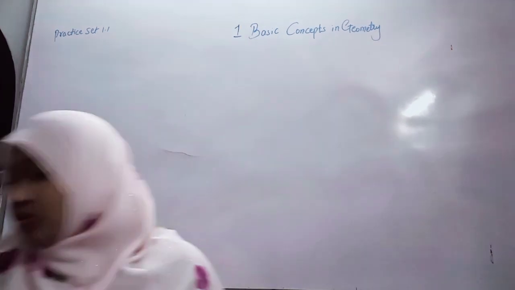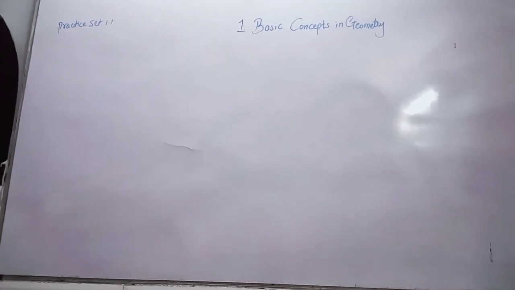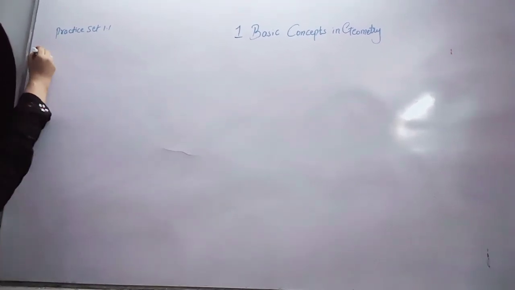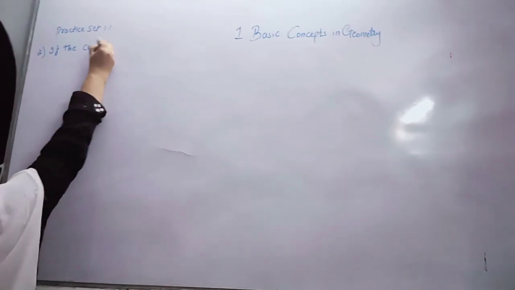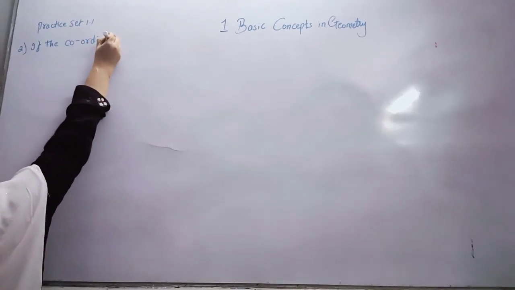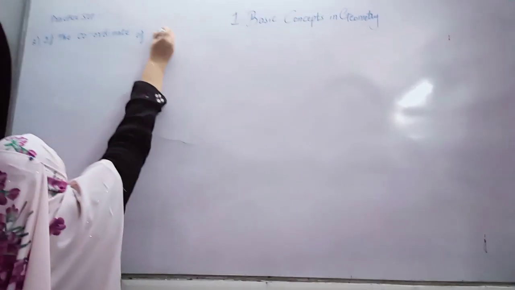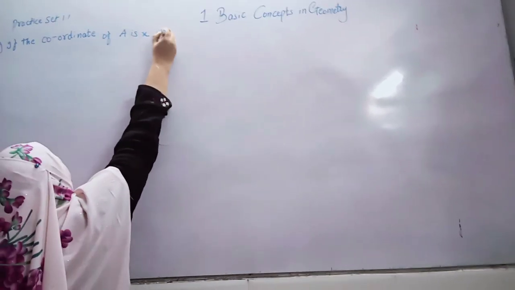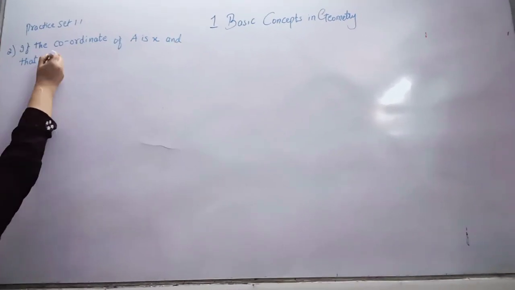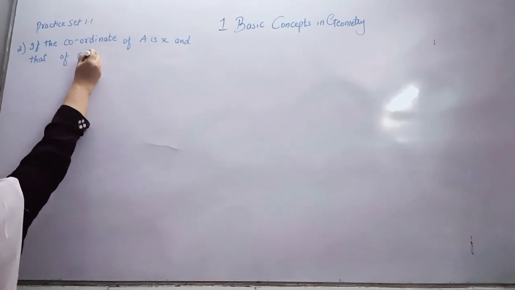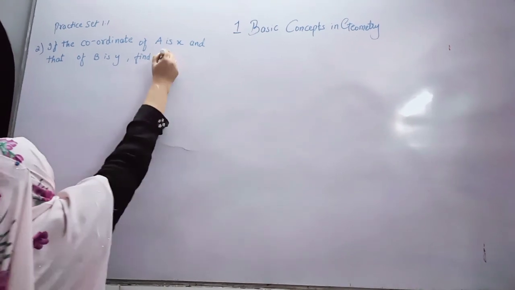Okay, the next question I am writing on the board, question number 2. If the coordinate of A is x and that of B is y, then find the distance of AB.